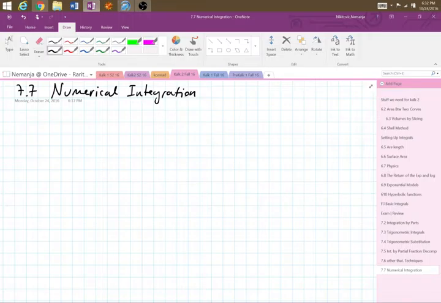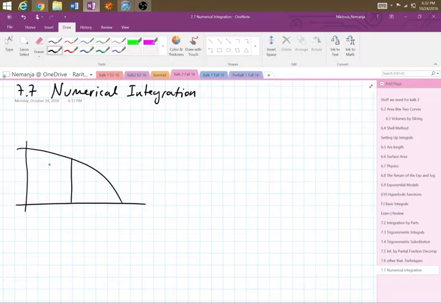I will briefly remind you of it. So if you have some kind of a function, and what you do is you divide the sections like this, and then let's say you are using right, let's use left.